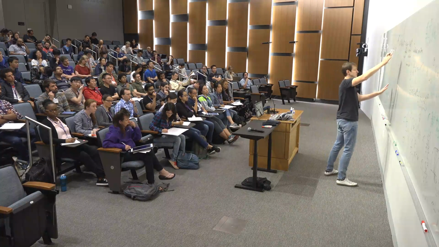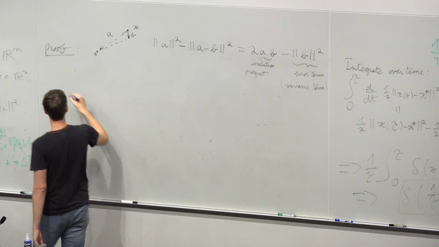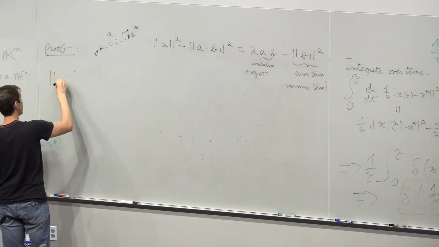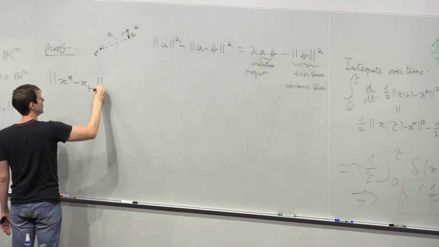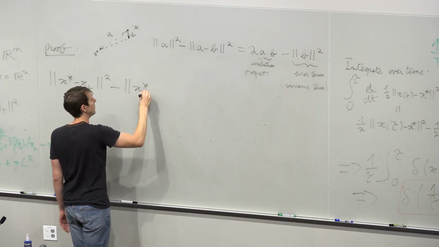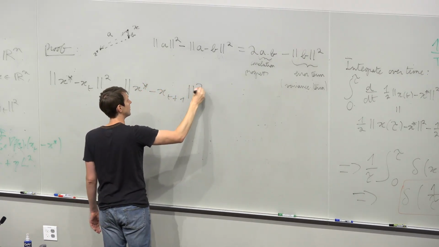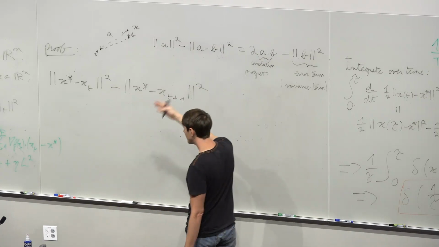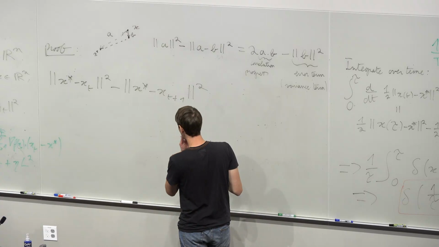So we just use this identity over the quantities that we care about. So what are they? The norm of x star minus xt squared, minus the norm of x star minus xt plus 1 squared. Now, xt plus 1 is xt minus eta times the gradient, which is just gt.